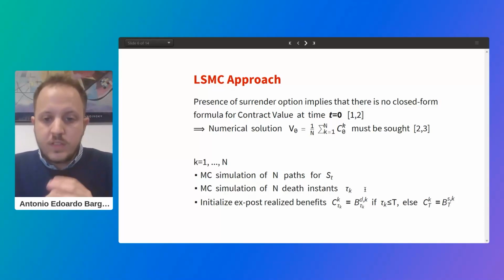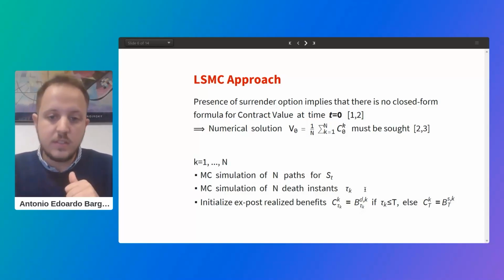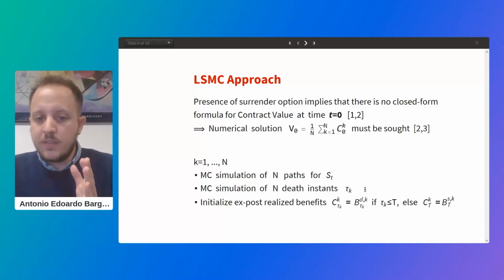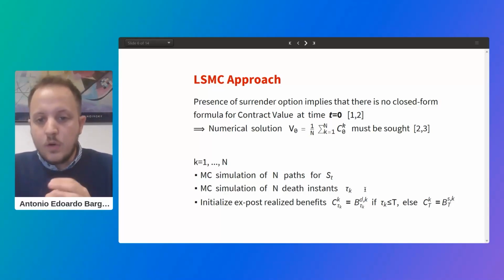Then, once we have done this, we have, for example, 1,000 simulations, and then we have to initialize the ex-post realized benefits. In particular, what we do is a choice: if the simulated instance of death is lower than the maturity, then the ex-post realized benefit will be equal to the benefit in case of death occurring at the time of the simulated death.